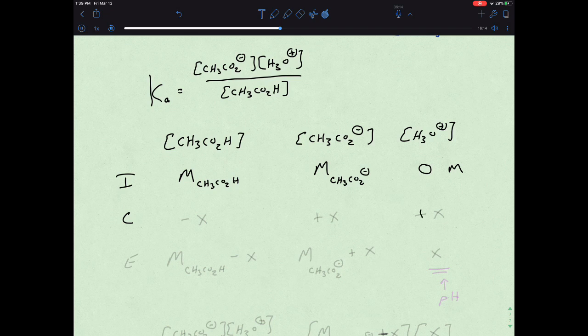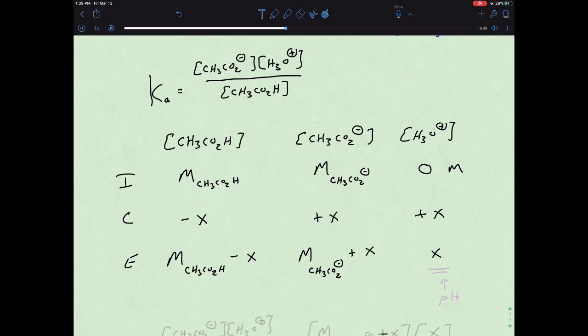So that means we would have positive change for the products in both the acetate and the hydronium ion, and we would have negative change for the parent acid, the acetic acid, all 1 to 1 to 1. So at equilibrium, we would have basically our initial concentration of acetic acid minus X, our initial concentration of acetate plus X, and then we would have X for the hydronium ion.